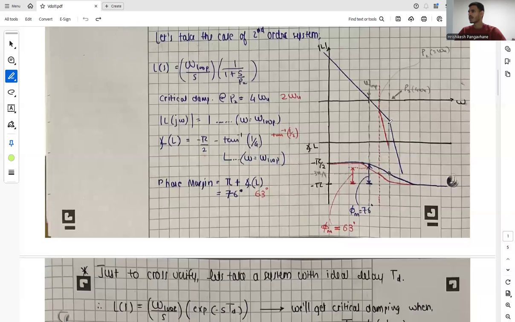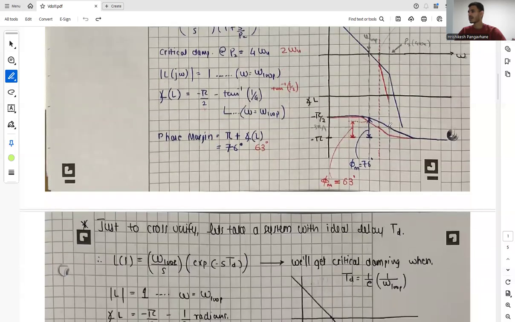When we look at the phase, it starts from minus pi by 2, and at omega loop it starts decreasing. It gives a curve very near to omega loop, and then it starts shifting from minus pi by 2 to minus pi. At the point where our pole lies, the phase is minus 3 pi by 4, and it decreases again and stabilizes at minus pi.